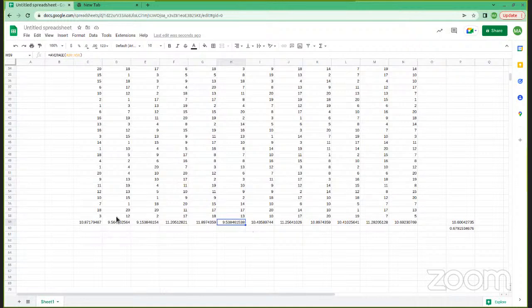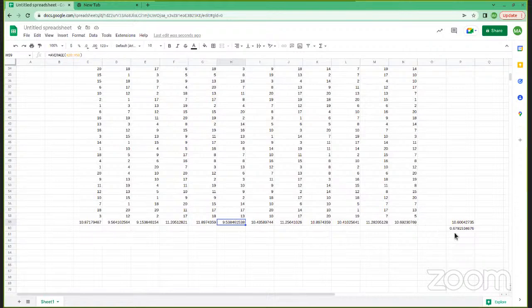I subtract the mean from each data point, square it, add all those deviations, and divide by n minus 1. That is the sample variance.